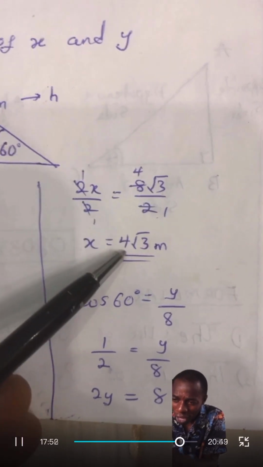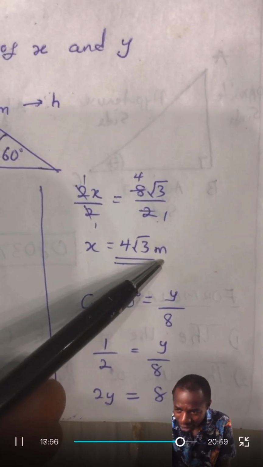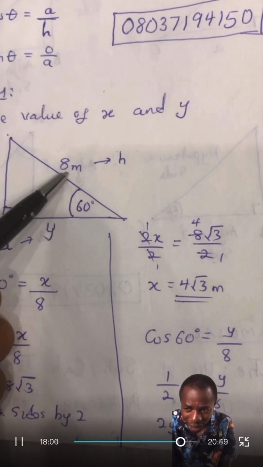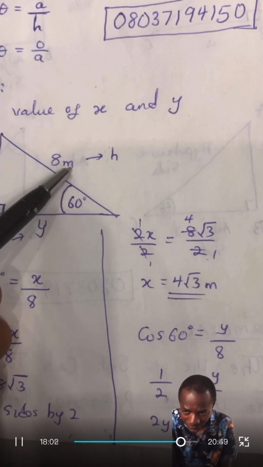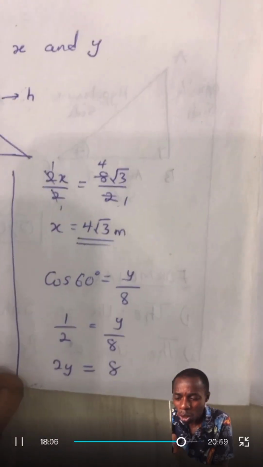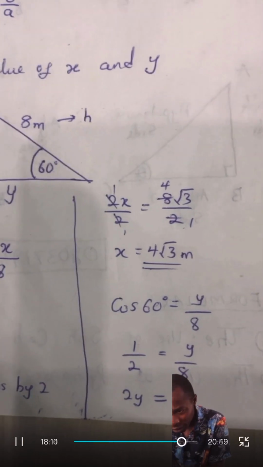So the value of x is 4√3 in meters. Why meters? Because the given value there is in meters, which is 8 meters from the diagram. So we succeeded in getting the value of x, which is 4√3 meters.